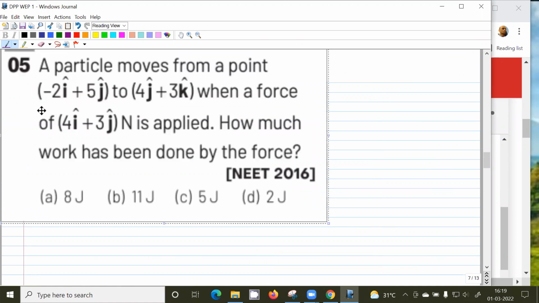This is a particle that moves from this point to this in a force. So work done by the force. This is very trivial.